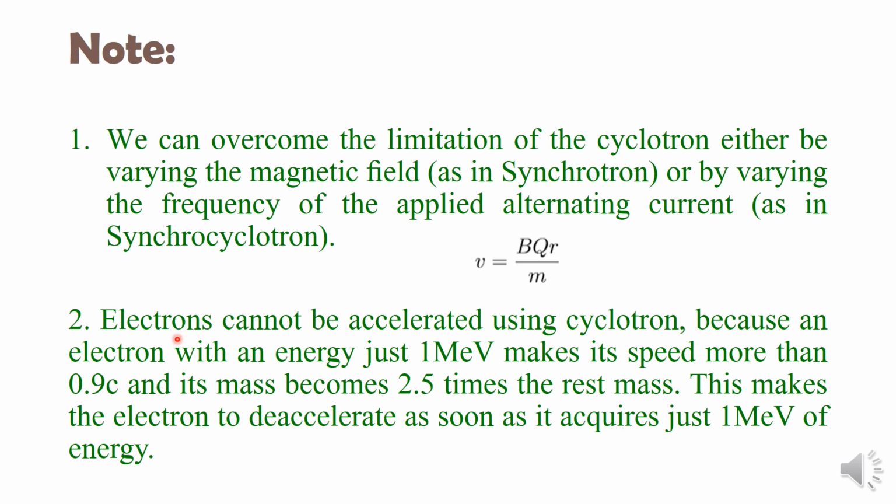Now this completes your cyclotron. In the next presentation, we are going to discuss one more type of particle accelerator, which is called betatron. Here we have seen that cyclotron is not suitable to accelerate electrons to very, very high values of kinetic energy.